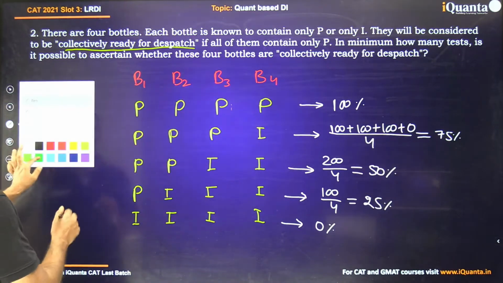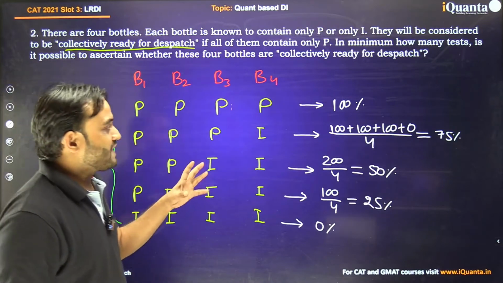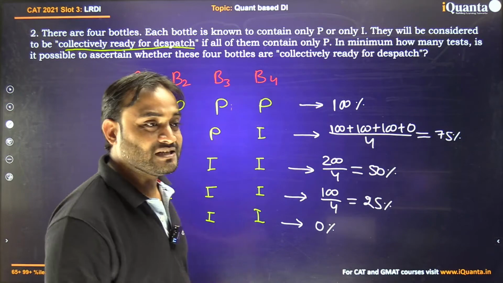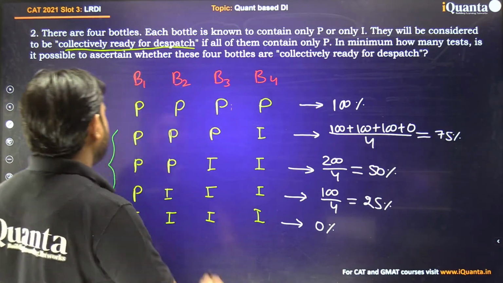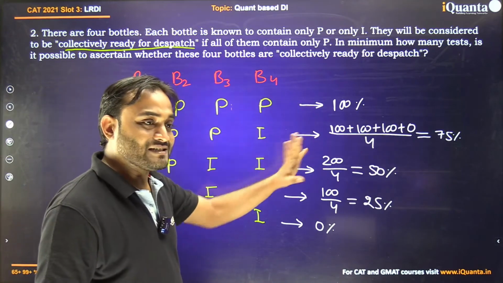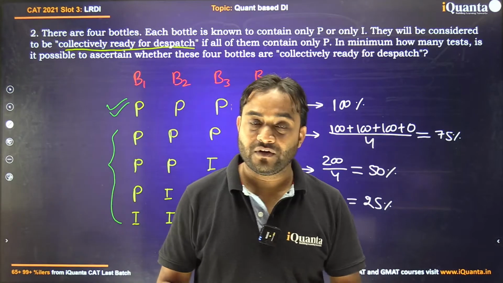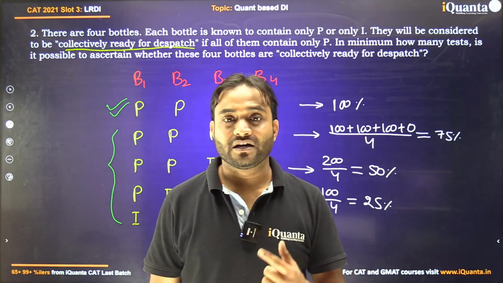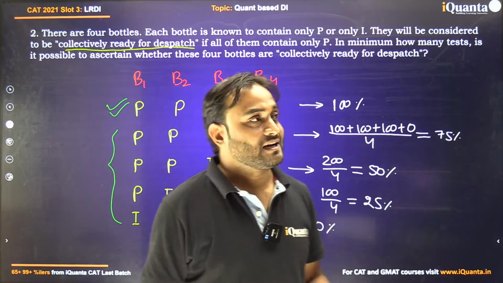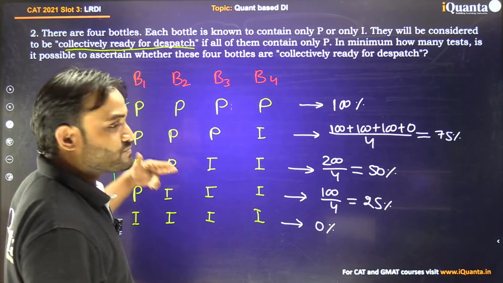In these 4 cases, the device will tell us that it has impurity and this combination is not ready for dispatch, and in this combination it will tell us that it's pure and ready for dispatch. In only one test, the device will tell us whether these 4 bottles are ready for dispatch or not.